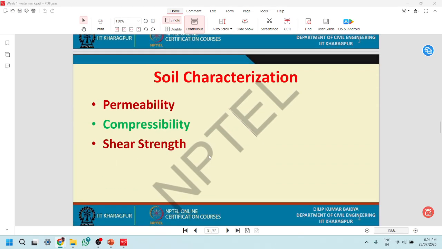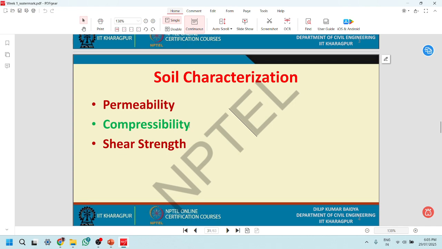when we move towards quantifying properties of soil, we talk about permeability. Permeability is how much resistance your soil matrix shows to the flow of water or fluid through the matrix. Permeability was the resistance to flow, while compressibility we can think of as a resistance to deformation.